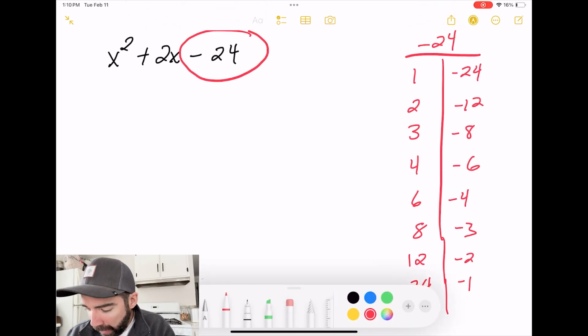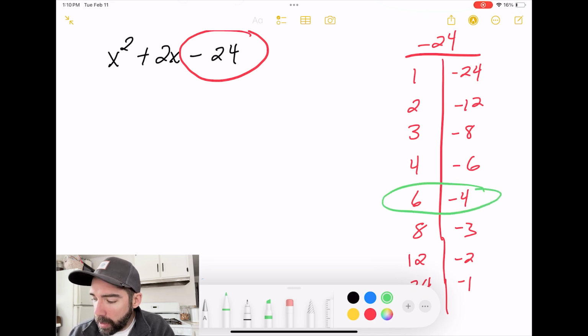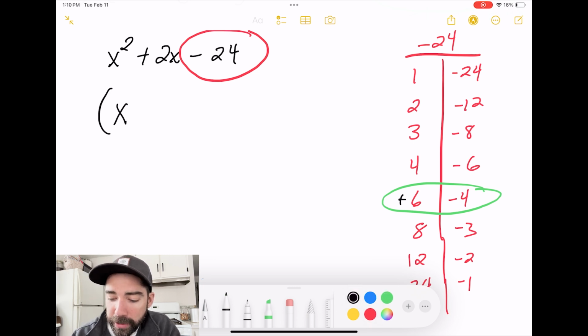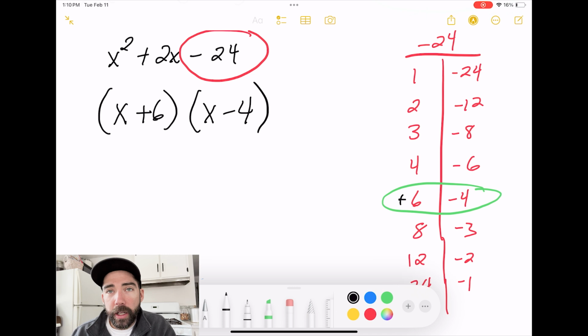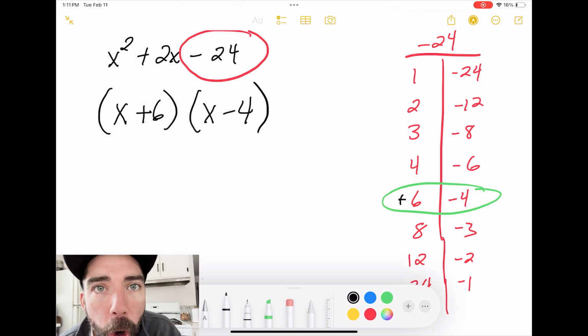That would be this one right here, 6 minus 4. So a positive 6 and a negative 4. So that factors into x plus 6 and x minus 4. Tracking? Here we go. Let's do one more.